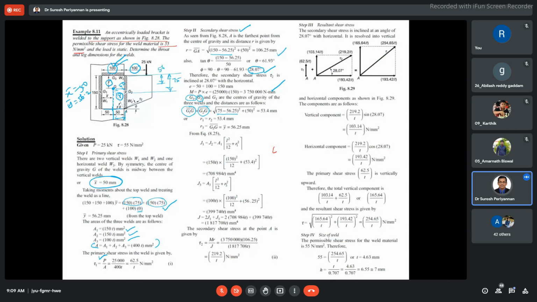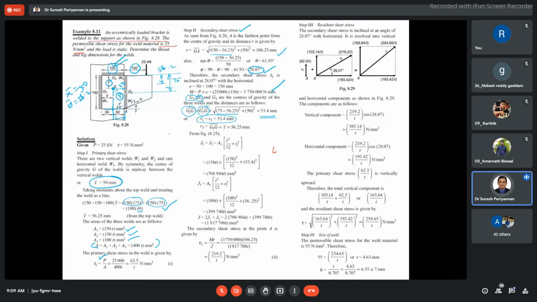Then we consider this 56 with respect to CG1 or CG2. Then it is 75 minus 56.25, whole squared, plus 50 squared, since the horizontal distance is 50 for both. Then this is 53.4 mm, which is R1, and R1 is equal to R2.